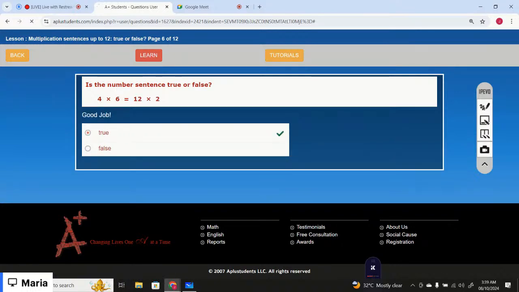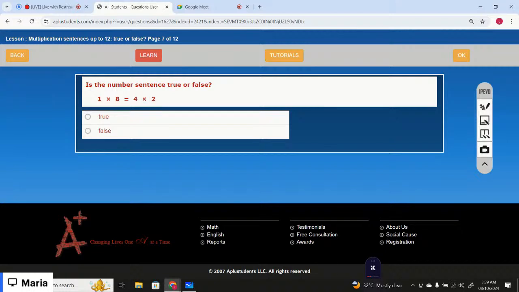So, true it is. Is the number sentence true or false? 8 times 1 equals 2 times 4. So, which is the correct option?